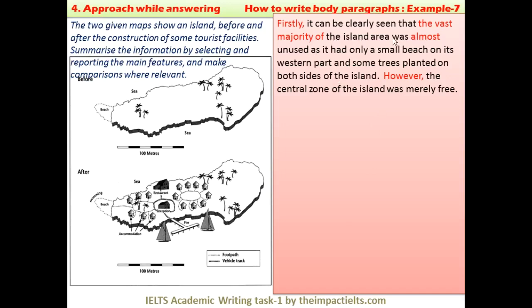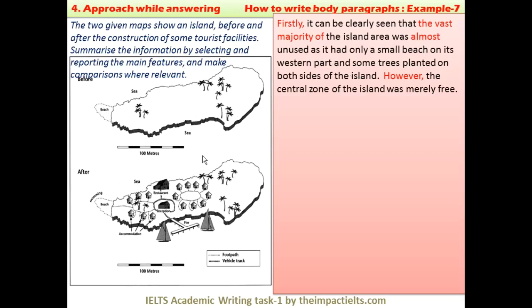So firstly, it can be clearly seen that the vast majority of the island area was almost unused. So I have started with the first picture, as it had only a small beach on its western part. So as I have told you, western part, a small beach. So this is the western part.